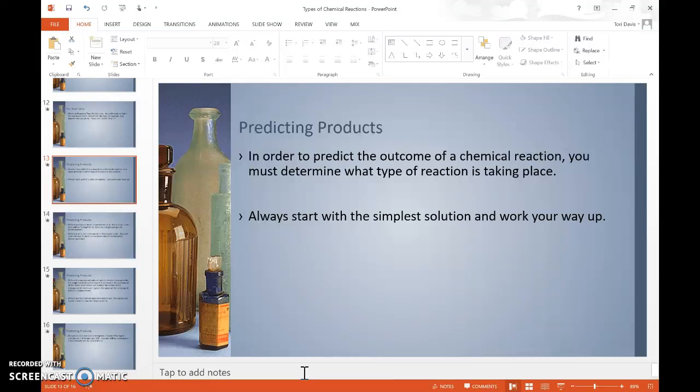With predicting products, the first thing you're going to do is come up with the product, and that's where your ionic and covalent bonding comes into play. That's where your charges, your number of valence electrons, all of that. So basically everything from last semester and this semester come together to help you make your products, and then you have to balance the equation.